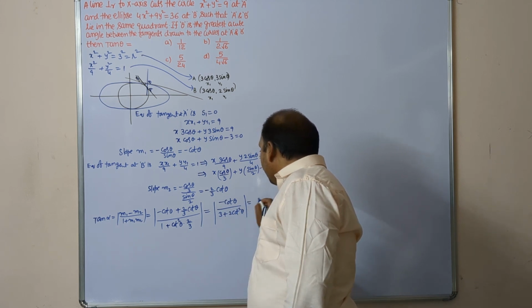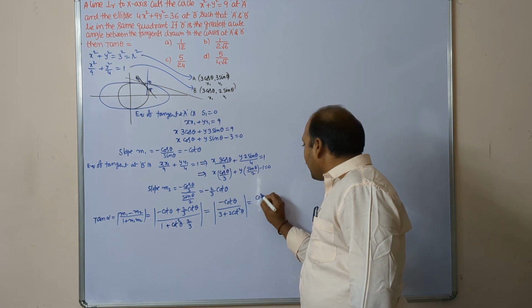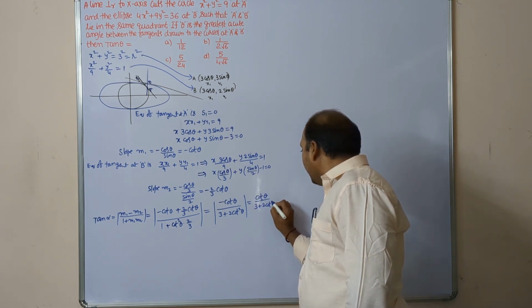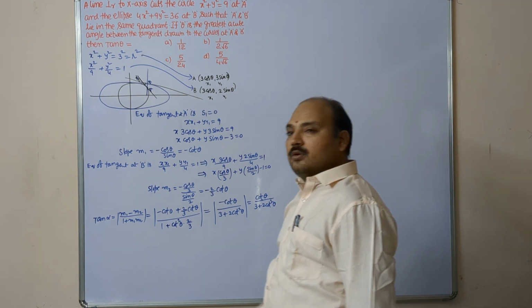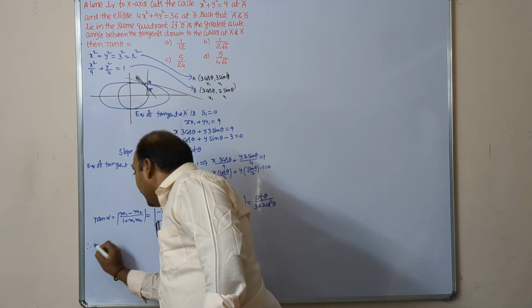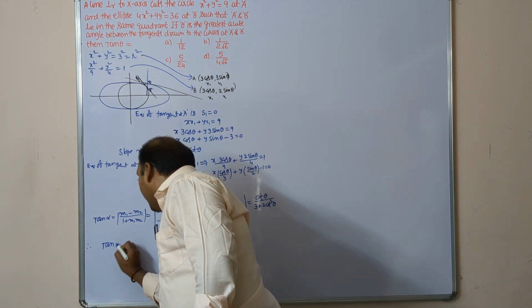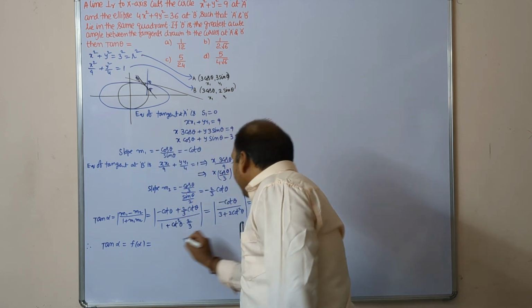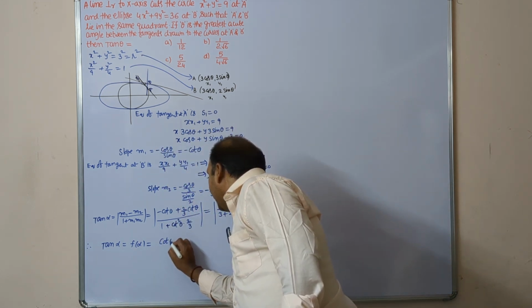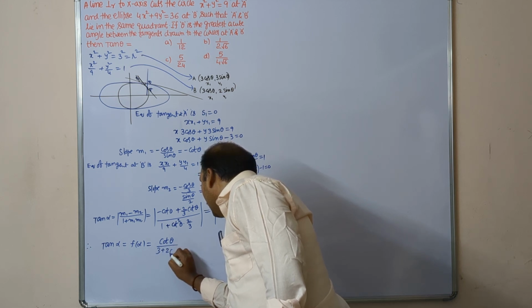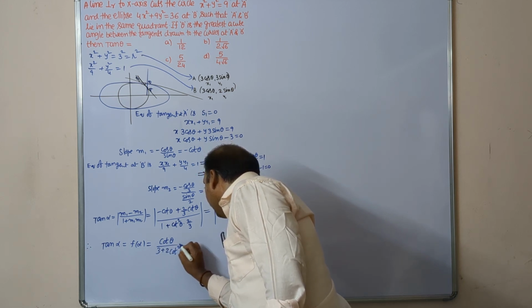Even if you simplify, it will come cot theta by 3 plus 2 cot square theta. So tan alpha is equal to f of alpha is equal to cot theta divided by 3 plus 2 cot square theta.